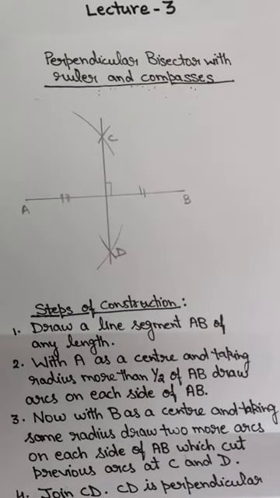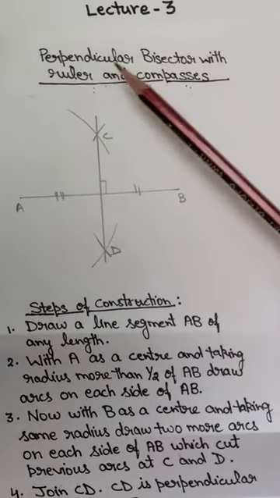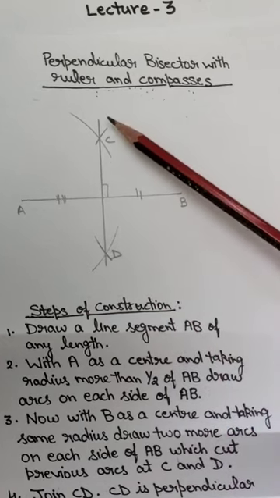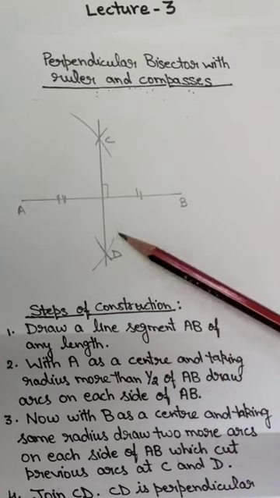After that, we have done how to draw a perpendicular bisector with ruler and compass. Draw a line segment AB of any length. With A as a center and taking radius more than half of AB, draw two arcs on both sides of AB.